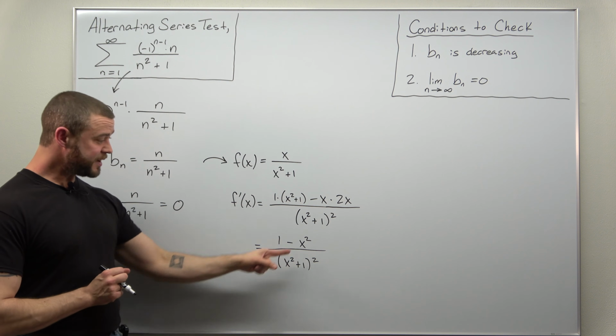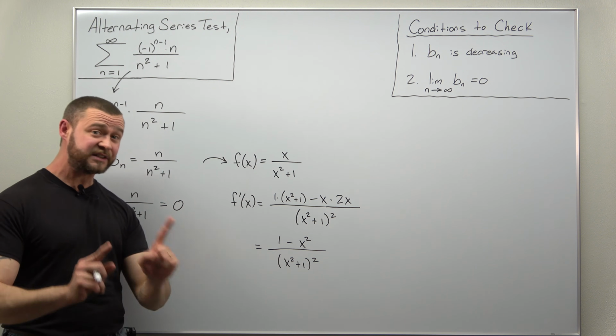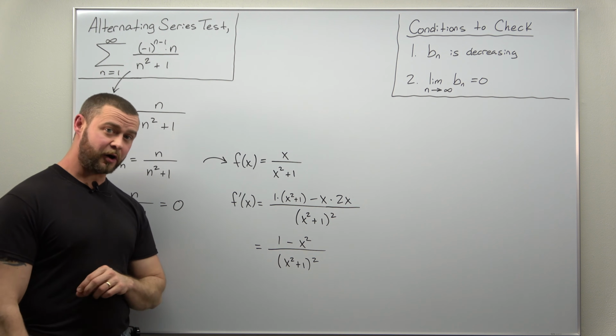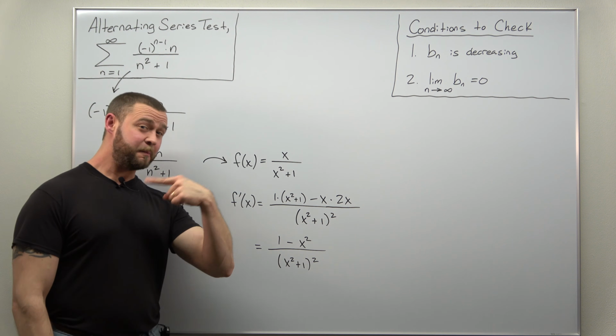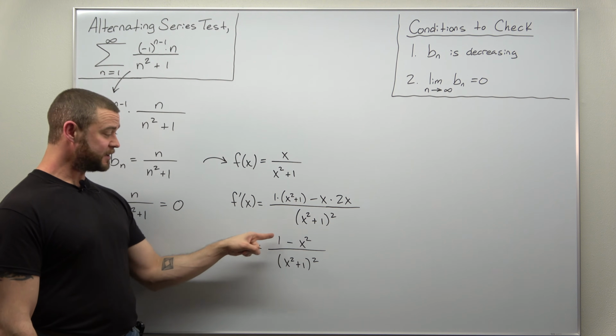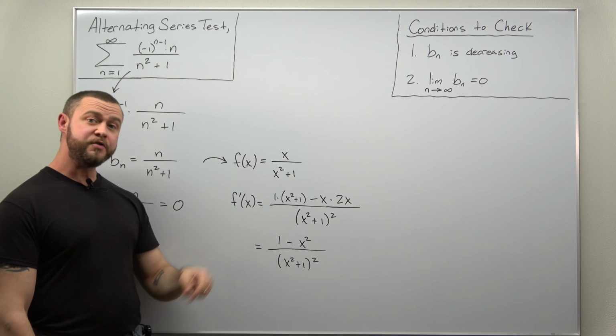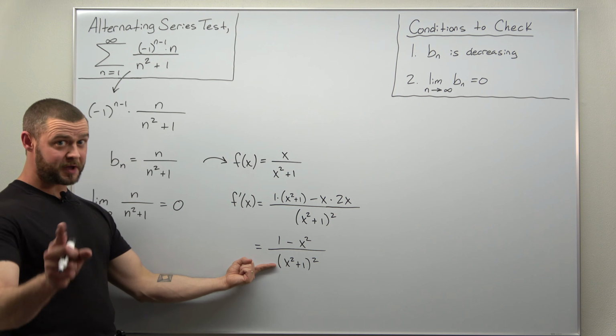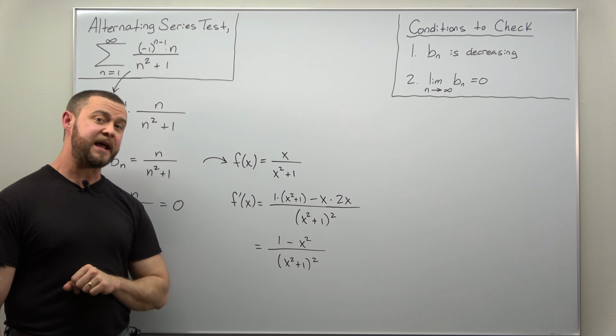Now you can see what happens to the numerator when x equals 1. The numerator is going to become 0. As soon as x gets bigger than 1, your x squared term, what you're subtracting, gets bigger than 1. So the numerator, and hence the whole fraction, because the denominator is squared, will become negative.